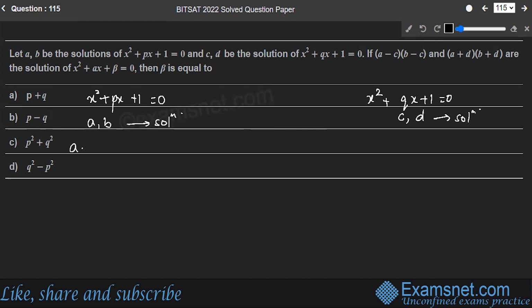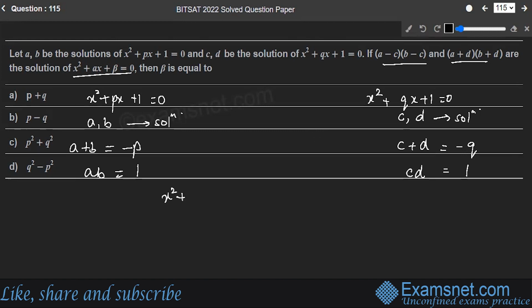Right, so that means the sum of the roots is equal to minus p, and product of the roots is equal to 1. Here the sum of the roots is equal to minus q, and product of the roots is equal to 1. Okay, so now if this and this, they are the solutions for this equation. Let's write down the equation.